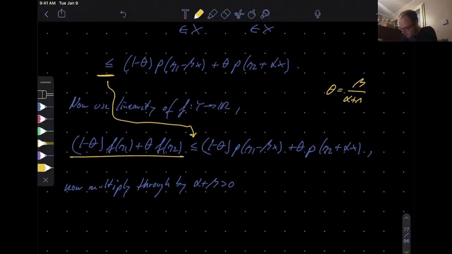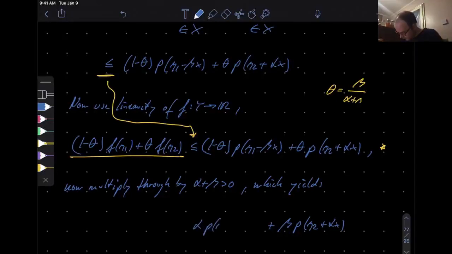So now if you multiply this equation through by alpha plus beta, you kill the denominator, and what comes out is, well, you have beta times p(y2 plus alpha x) plus, now this one here will give you an alpha, p(y1 minus beta x).